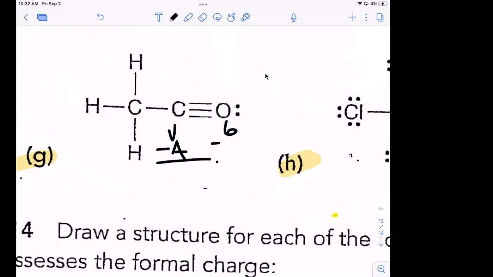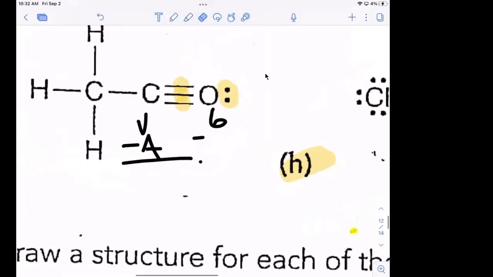And then how many are around it? You've got a lone pair. 5. Did you say 5? Excellent. A lone pair, and then 3 bonds from that triple bond. So 3 electrons from there. So that's 5. So that charge on oxygen is going to be +1.